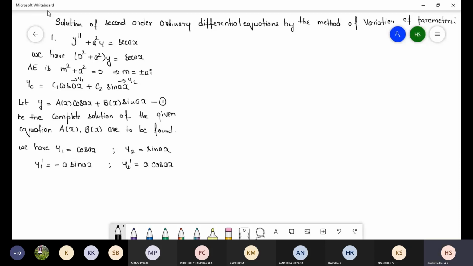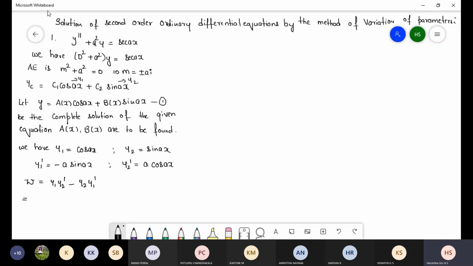Now we have to find the Wronskian. The Wronskian formula, W means Wronskian. Here W is silent, so we just say it as the Wronskian method. So y1 into y2 dash minus y2 into y1 dash. This is the general formula.